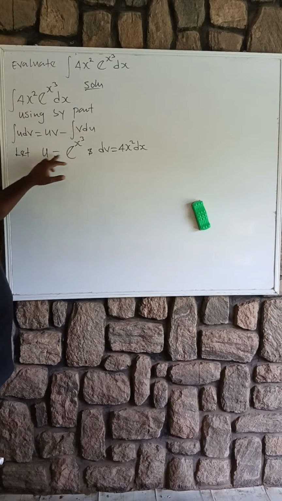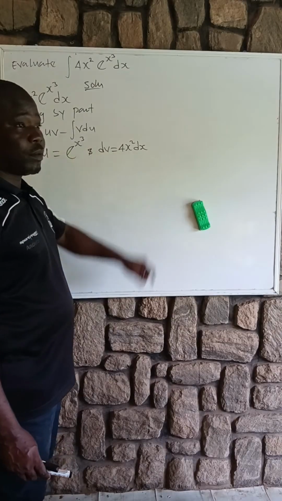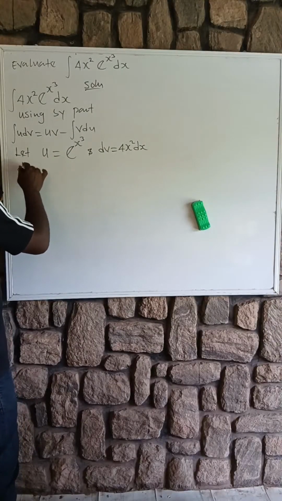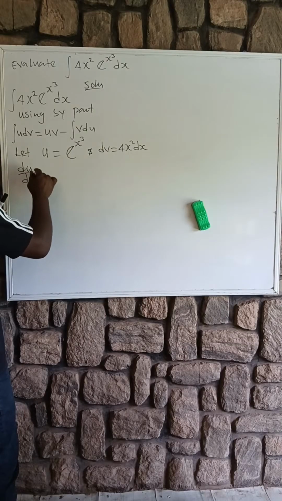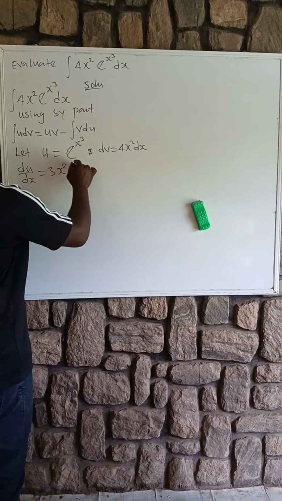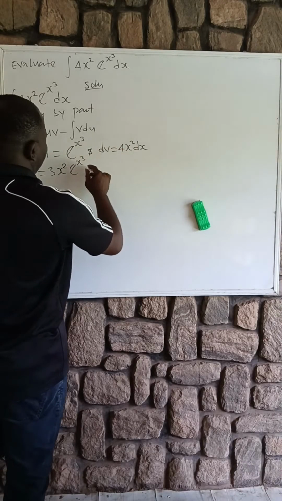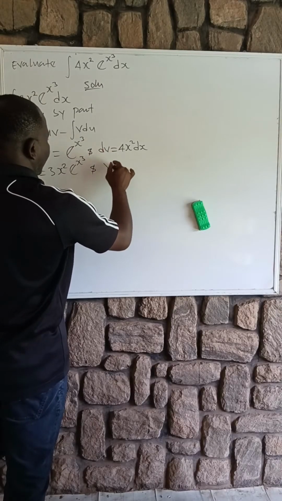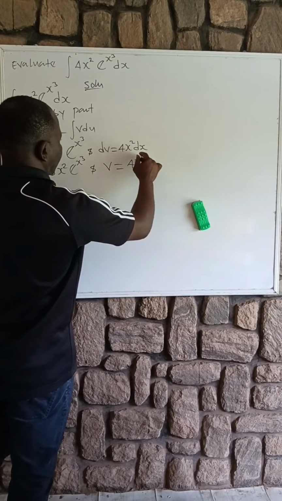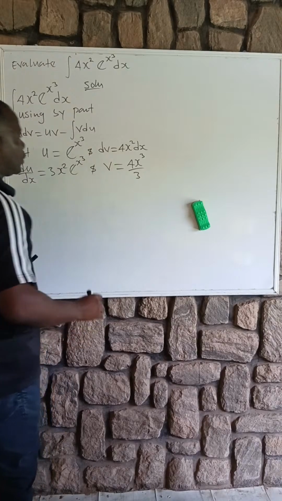By differentiating this with respect to x, and integrating this with respect to x. So if we differentiate this, du all over dx, we are going to have 3x squared exponential x raised to the power 3. Then if we integrate this, we are going to have v equals 4x cubed all over 3, true or false?